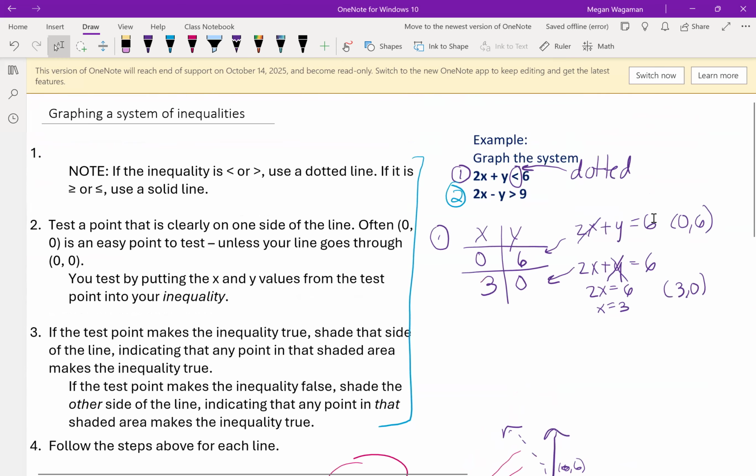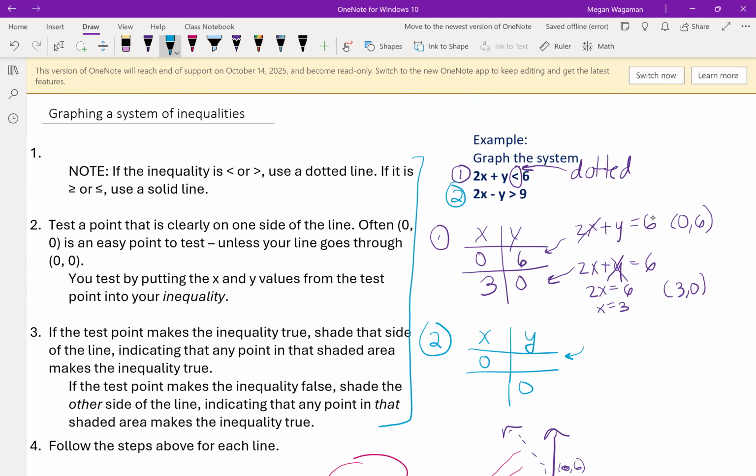So for equation 2, I'm going to make the same kind of little table here. I have my x and y. I'm going to find the points when x is 0, what is y, and when y is 0, what is x. And this is for the equation 2x minus y equals 9. If the x is 0, I've got negative y equals 9.